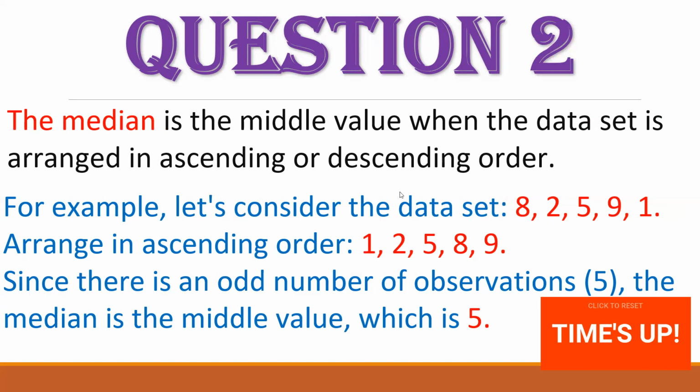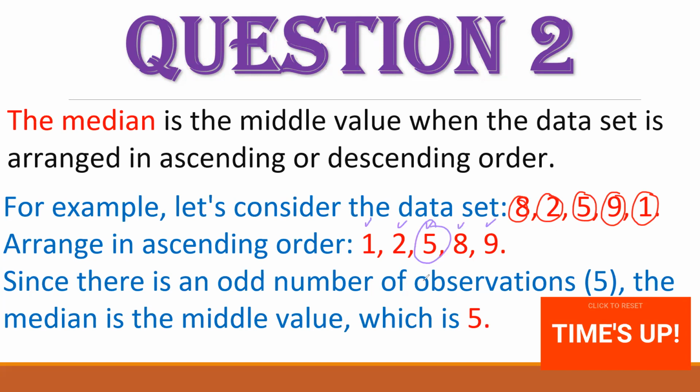This is our example. We have 8, 2, 5, 9, and 1. We write them in order first, from smallest to biggest: 1, 2, 5, 8, and 9. So which number is in the middle?